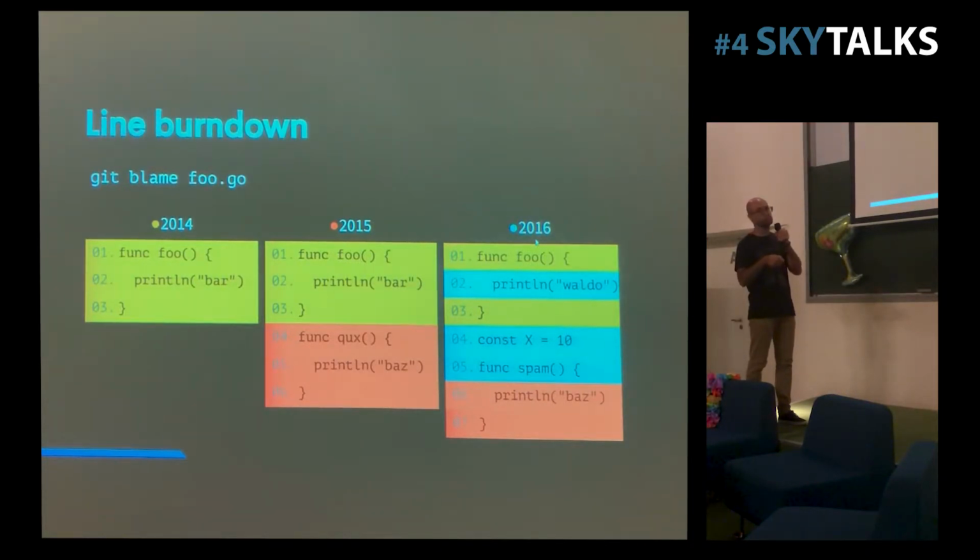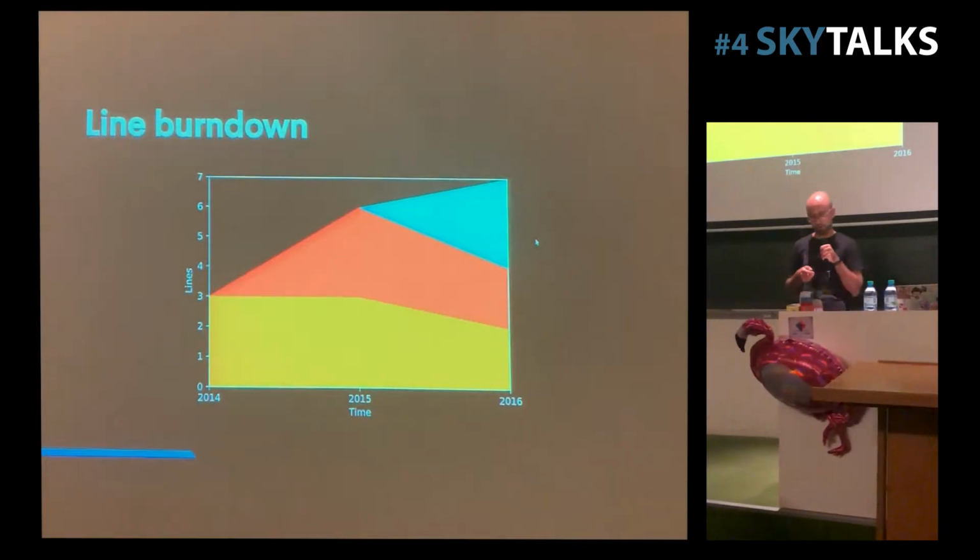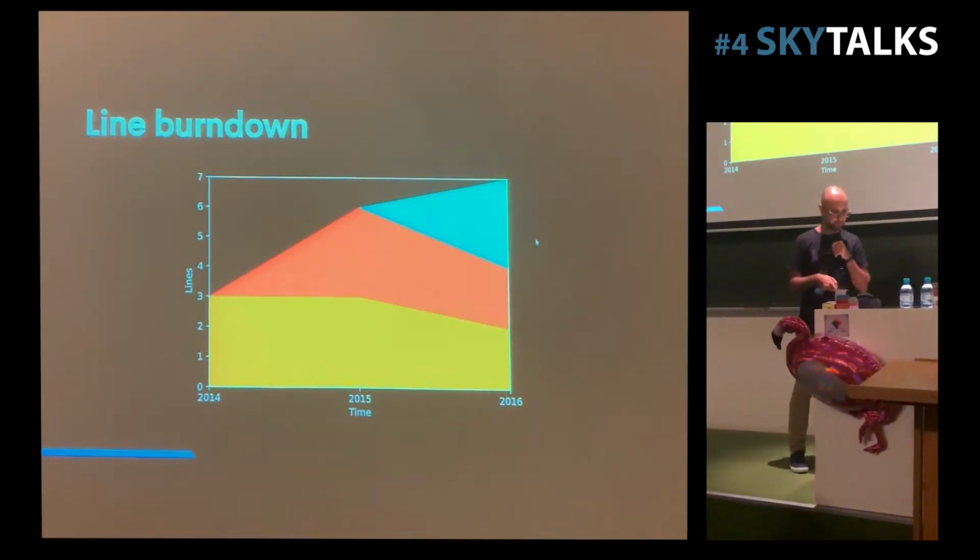The answer is again 2. And how many lines were created in 2016 and not overwritten in 2016? Obviously it's 3 because it's the same year. You can plot it nicely, and you'll get this diagram, which is called line burndown.